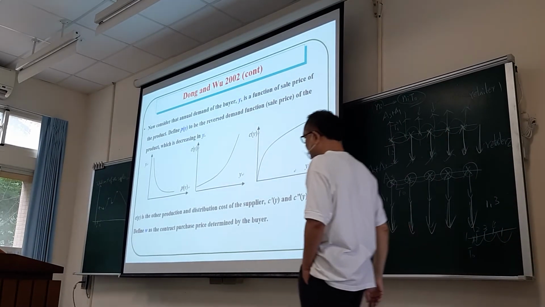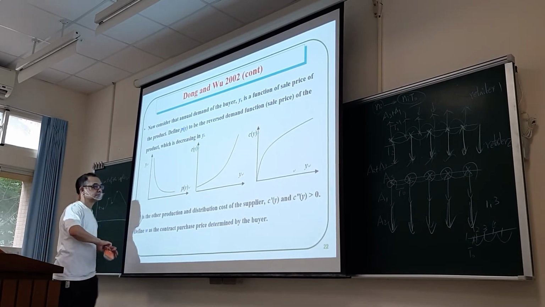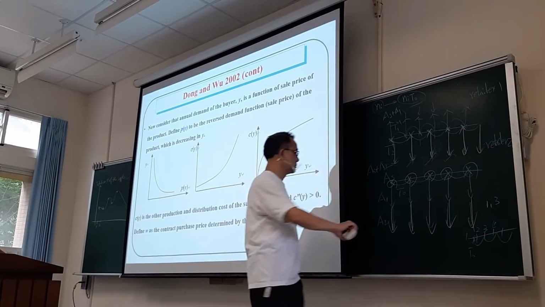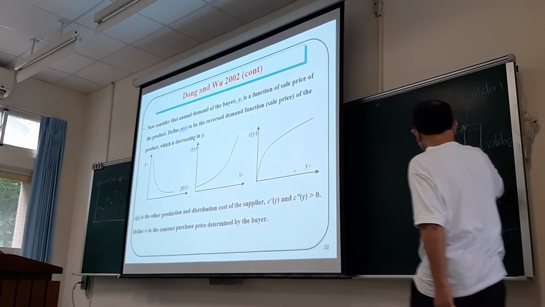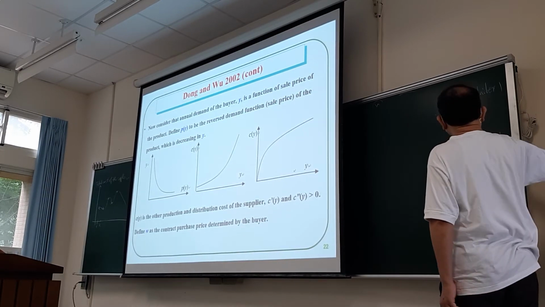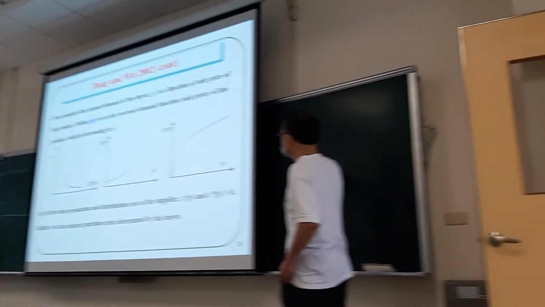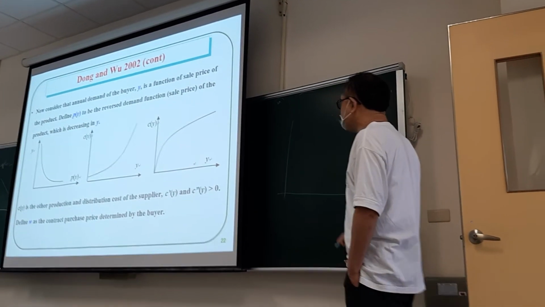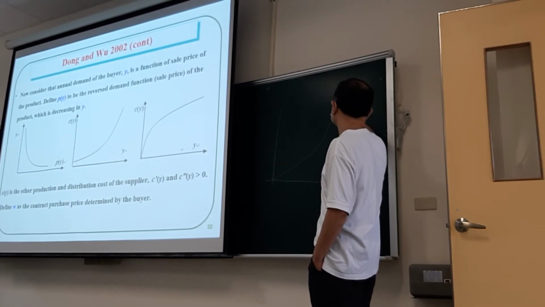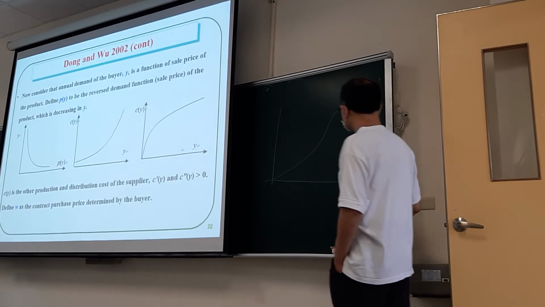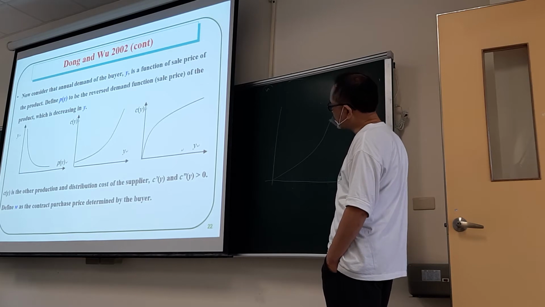Actually, for the manufacturing cost function, there's so many different forms, but somehow, what does this mean?